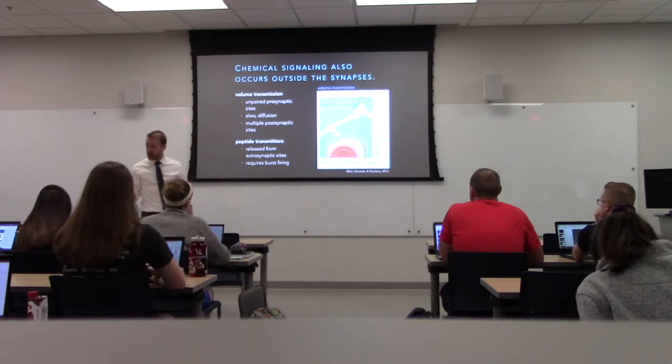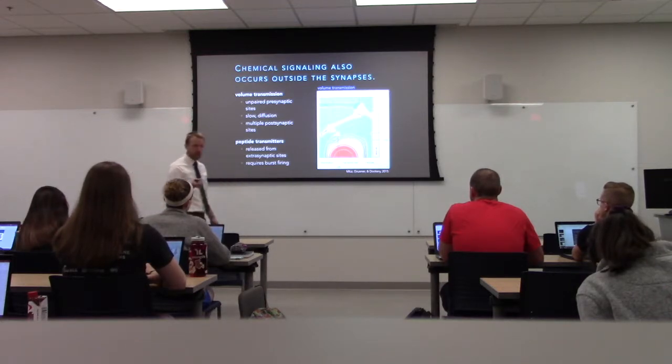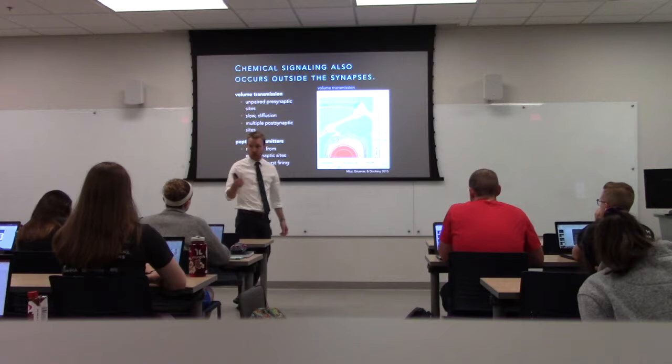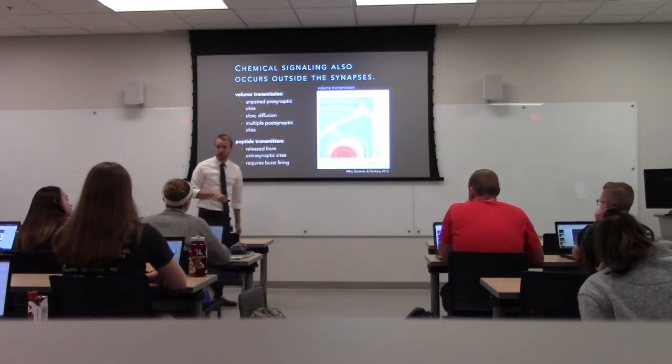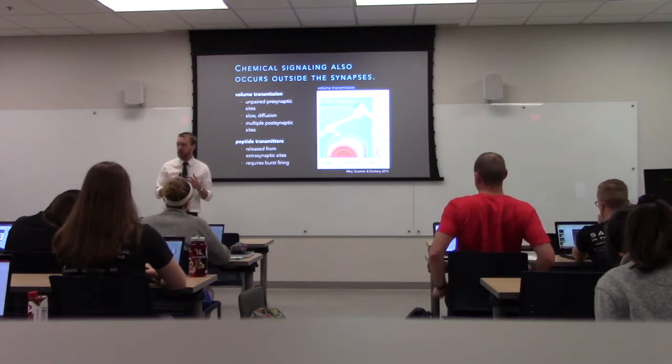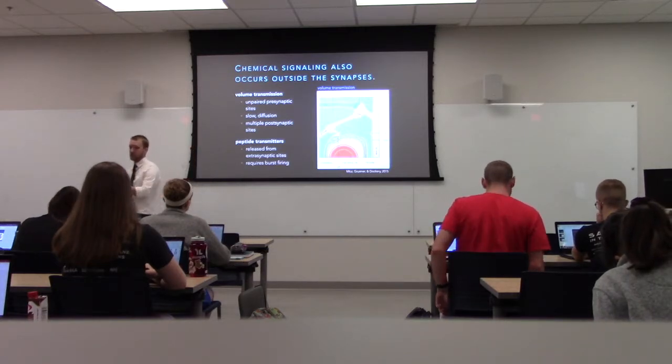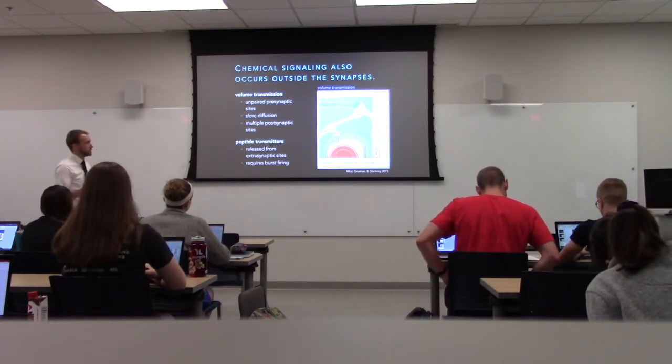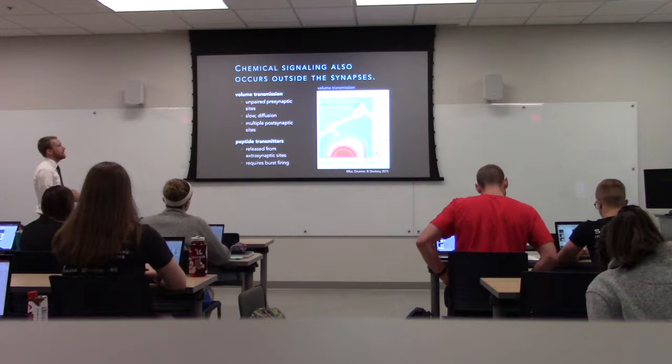Sure, it's a lower concentration, but it hangs around a little bit longer, and you contact additional sites. So this allows you to get a more uniform response in that nucleus that you're communicating with. This is especially important for dopamine because it tends to act over a large area and over a long time.